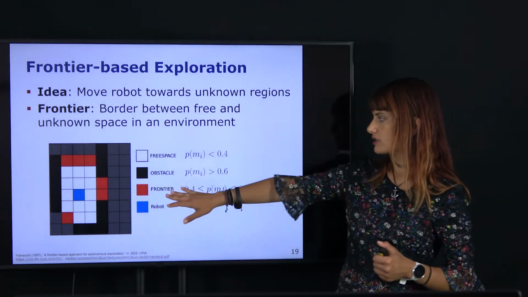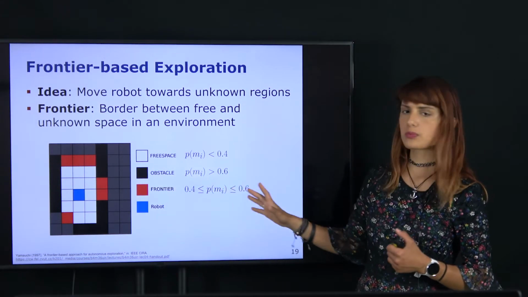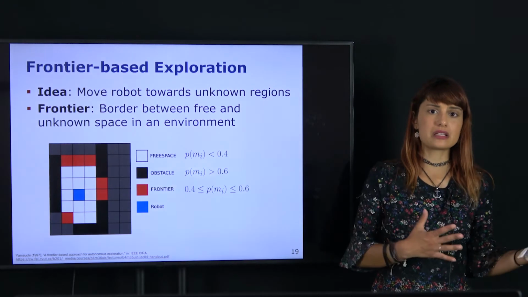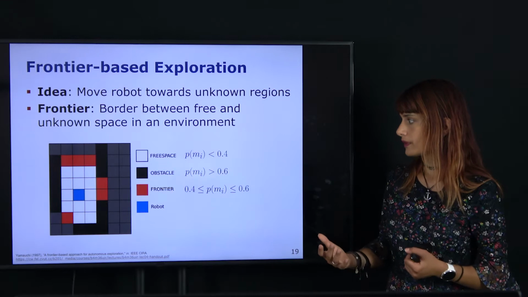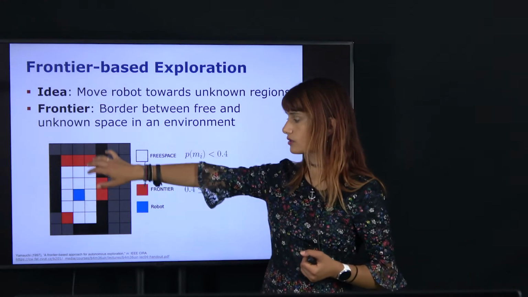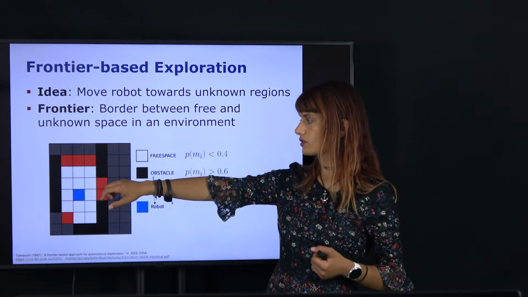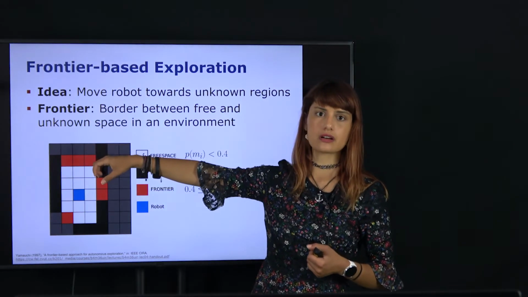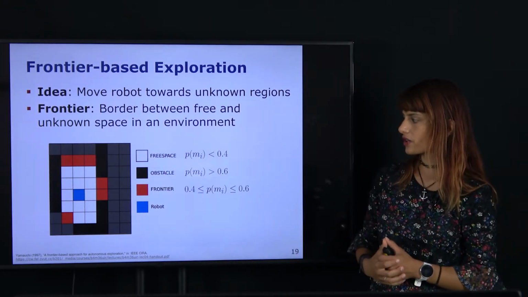The frontiers correspond to these unknown regions, around 0.5, which corresponds to equal probability of being free and occupied. These are potential candidate promising areas where, if the robot were to go there, it could go to another room or discover a new area and collect more information, exploring this environment.